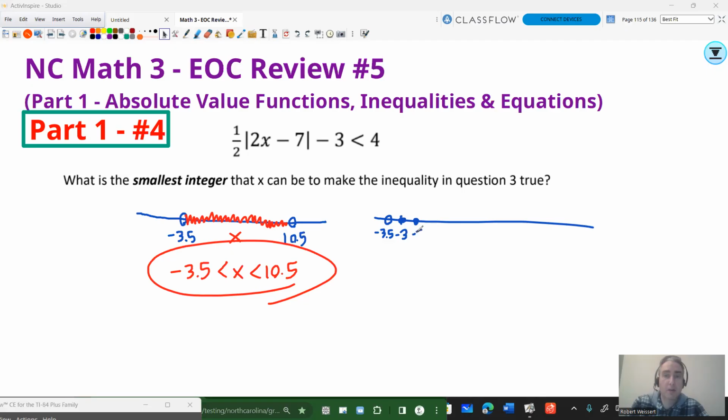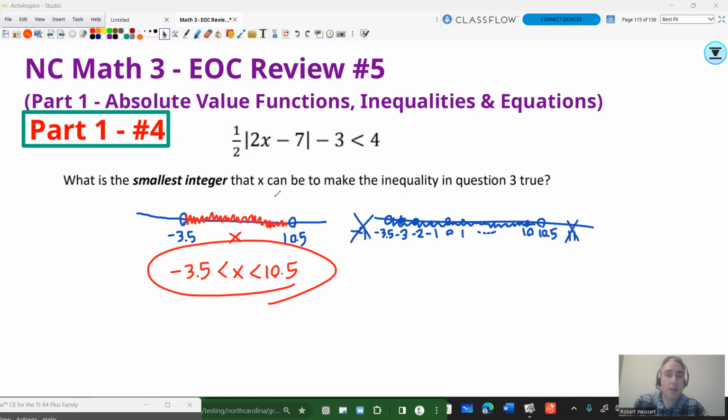And the next one, -2, and the next one, -1, 0, 1, all the way until we get to 10. But once I hit 10.5, we're no good, right? So all the integers that are solutions are going to be all these numbers. 11 does not count. -4 does not count because it's outside.